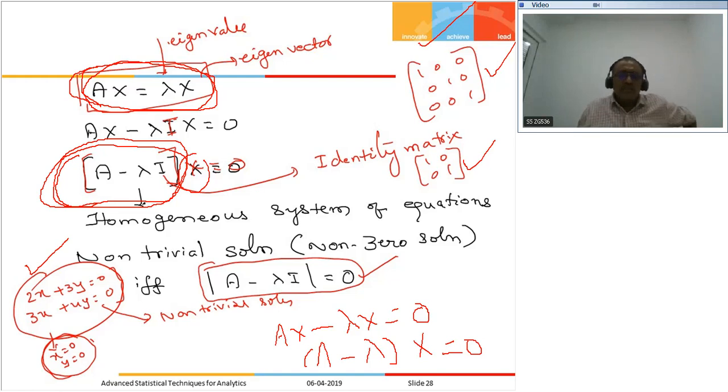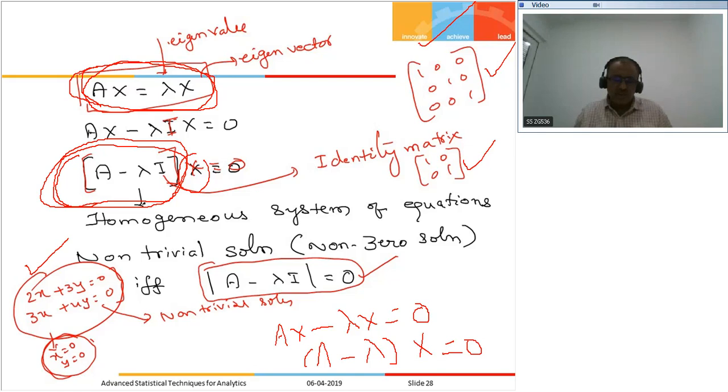Simply, now this is one system of equations. A is a matrix, I is the identity matrix, lambda is some value. This is a matrix, right? And X is a column vector containing variables, because we are going to find variables. That means we'll get equations.